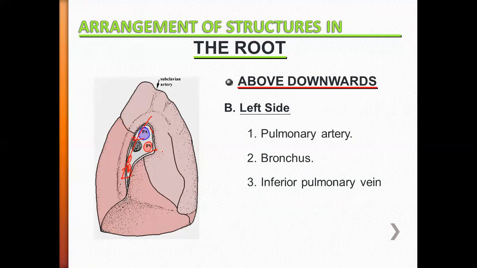In the medial surface, one important structure is situated, the root of the lung, or hilum of the lung. Both right and left sides have different relations on the medial aspect of the lung, and the root of the lung also has different structures on the right and left sides. These are the things we have seen about lungs.